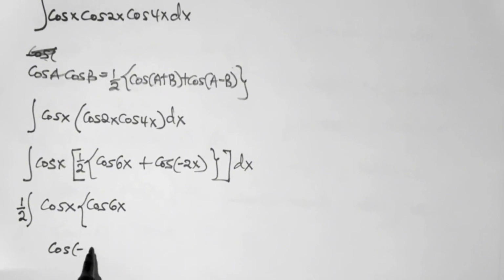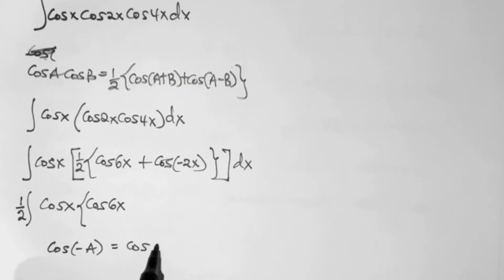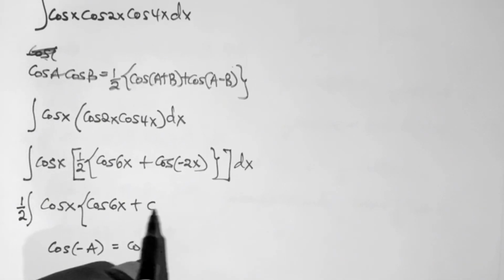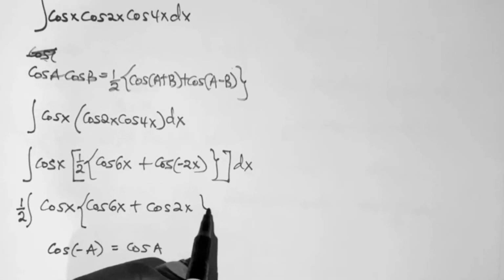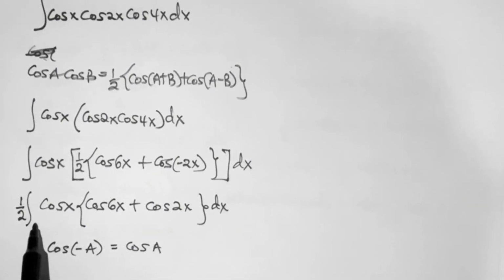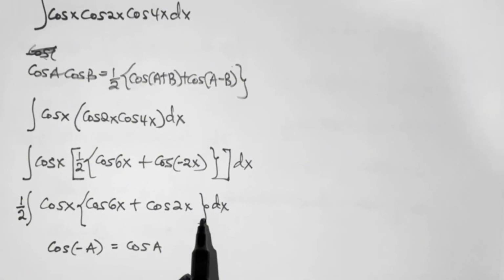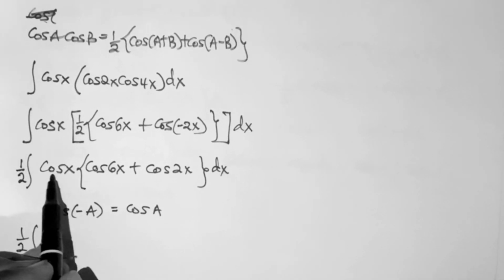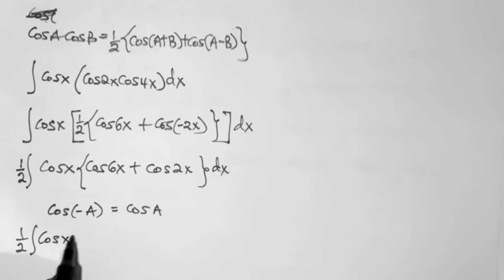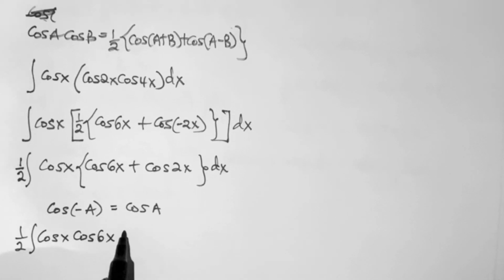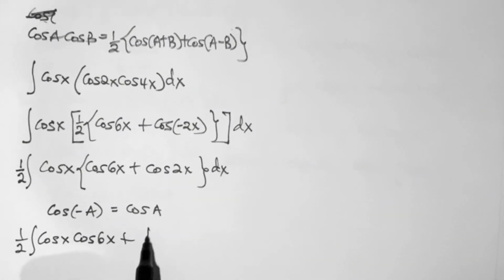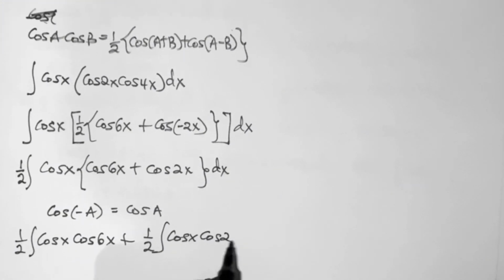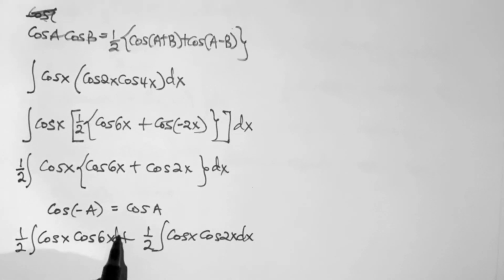Cos minus a is equal to cos a, and therefore cos minus 2x becomes plus cos 2x, dx. Having done this, we can break this integral into two: half the integral of cos x cos 6x, plus half the integral of cos x cos 2x dx.